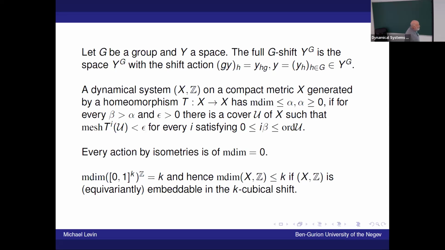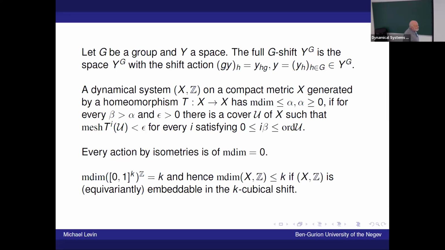It is not difficult to show that if you consider the K-cubical shift, then the mean dimension is exactly K. So in terms of mean dimension, we use the covering dimension.